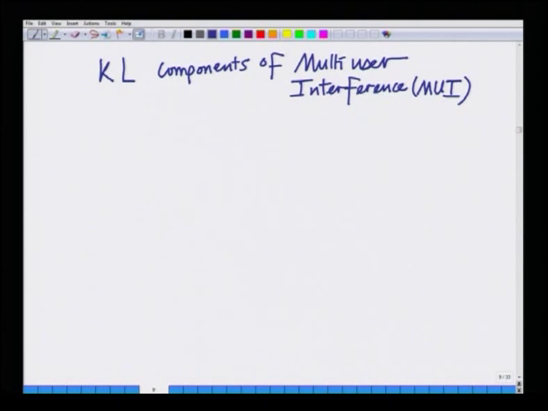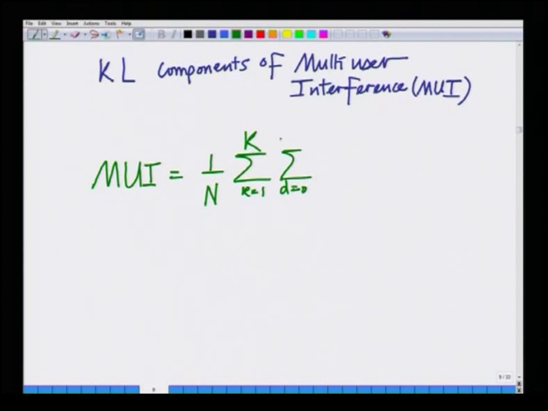The multi user interference, MUI, equals 1 over n, summation small k equals 1 to capital K, summation over all paths d equals 0 to L minus 1, that is the L paths of the interfering user, summation over number of chips, that is m equal to 0 to n minus 1, Sk.